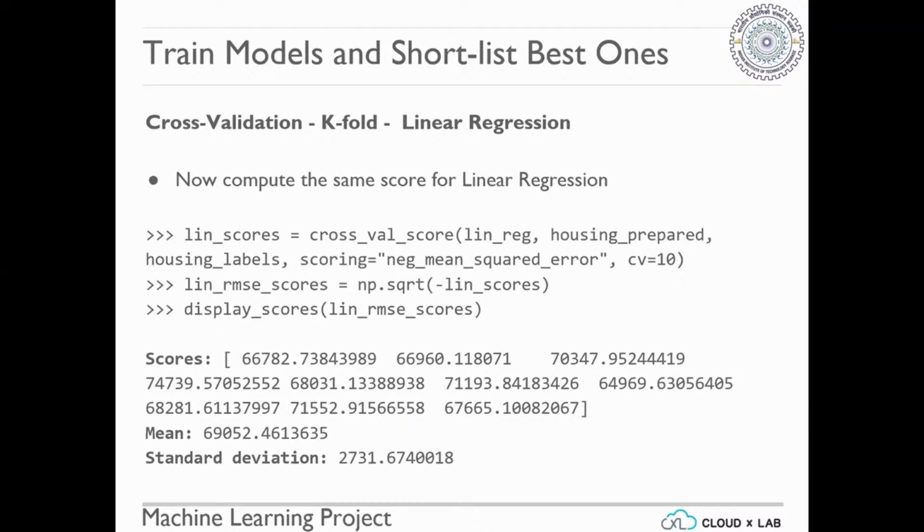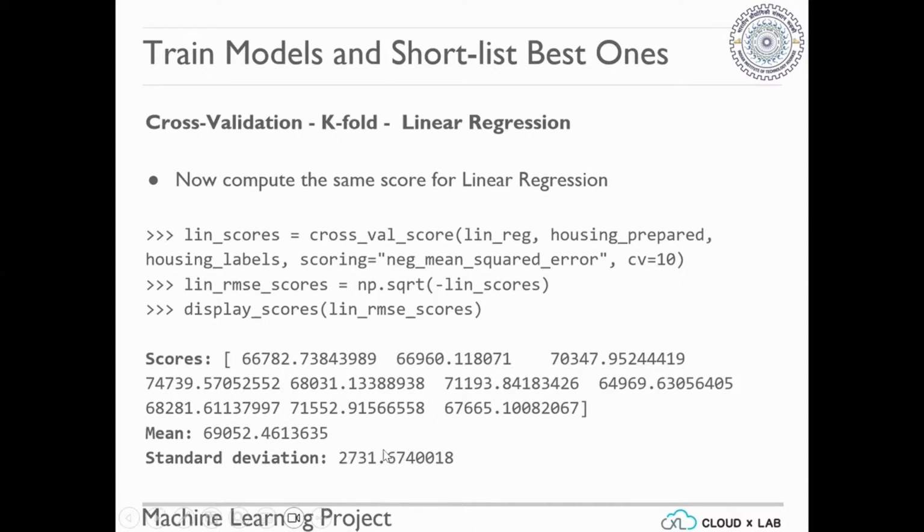But if we have high variation in our predictions, then the standard deviation will be high, right? As you can see here, in one model we are getting a score of 66782, and in the other model we are getting 74739. So this much variation we are having, 2731.